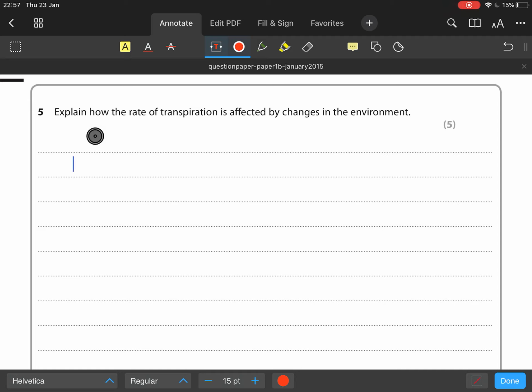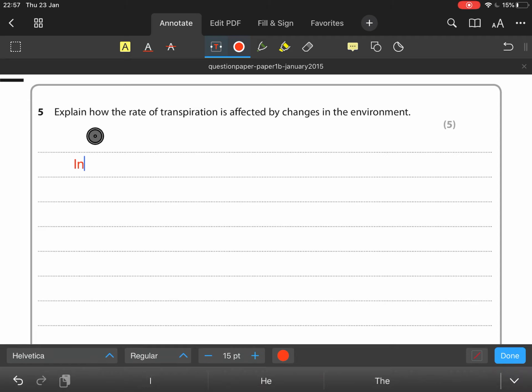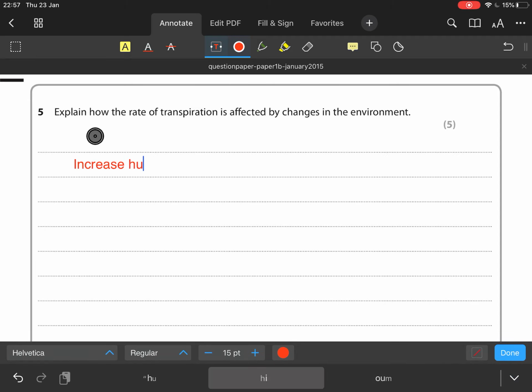So one thing we could start off by saying is that if we increase humidity, that is going to decrease the rate of transpiration. Why is that?